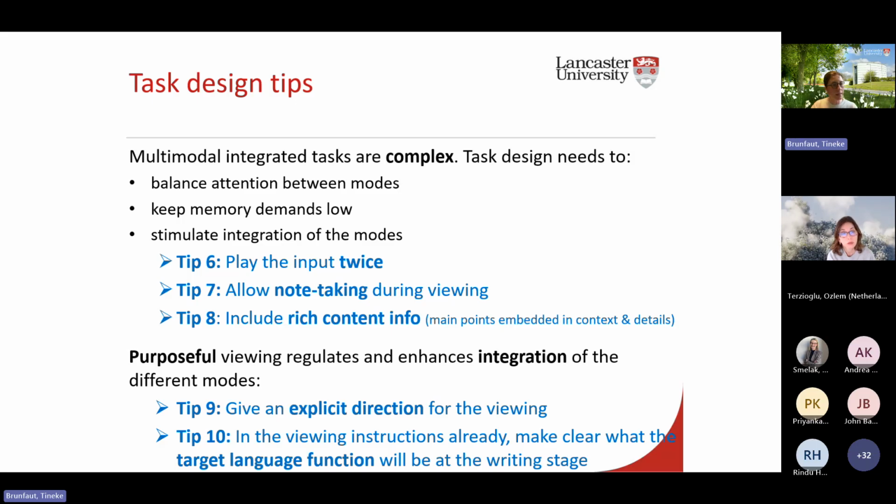What we think helped a lot to achieve that were the fact that they could play the input twice, and that they were allowed to take notes while watching the video. Also, there was rich information in the video. It wasn't just a list of the main points, but there was text or information around those main points, more details, so that there is a little bit of time to process each main point.